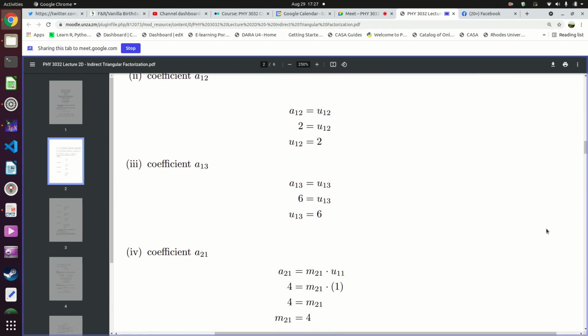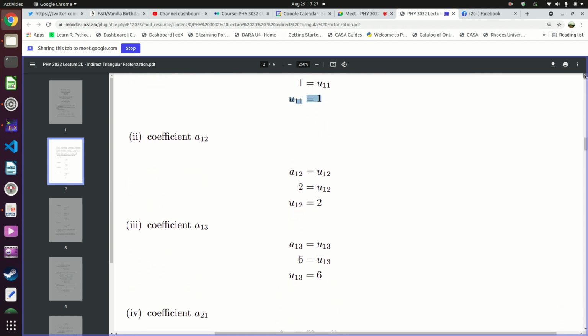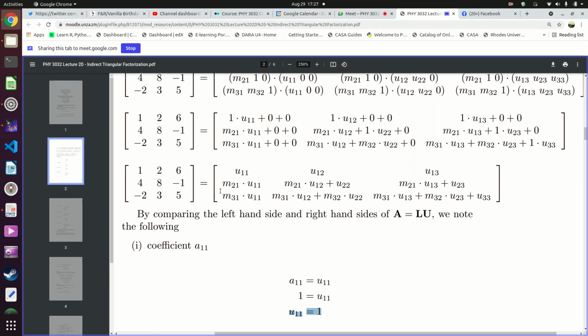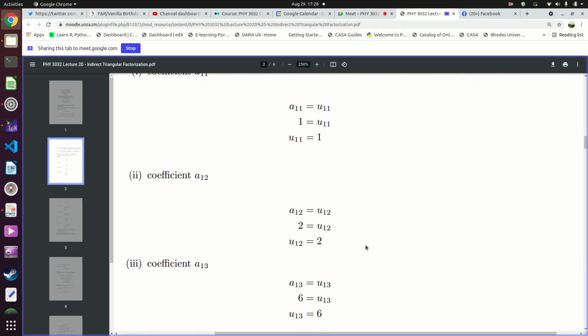Yes. Okay. Then we move on to this bit here, 8. This 8 value is supposed to be equal to M21 multiplied by U12, then plus U22. M21 we have just found, which is 4, and U12 we found earlier, which is 2.